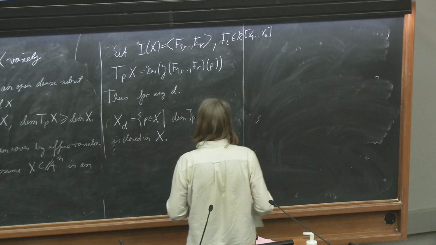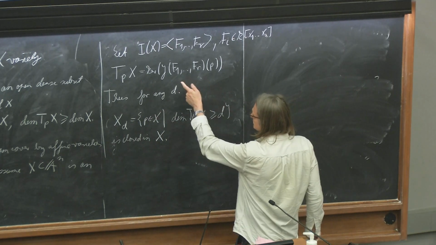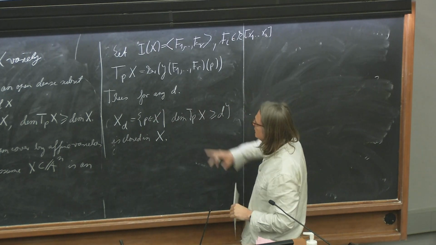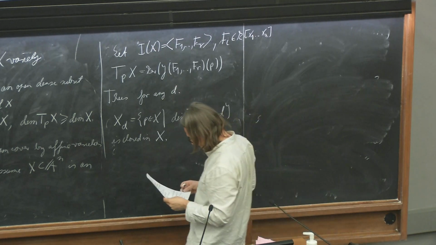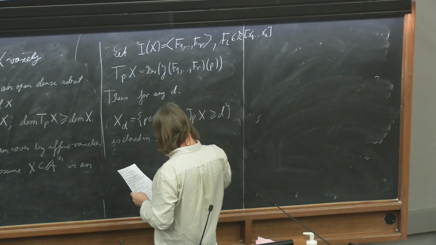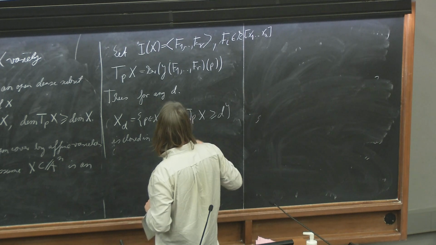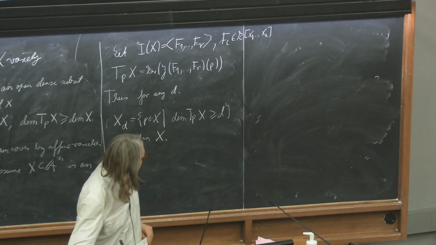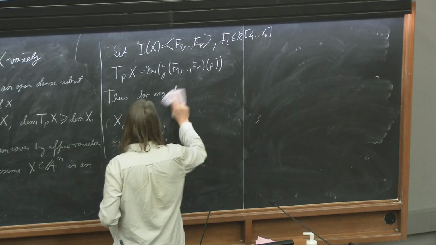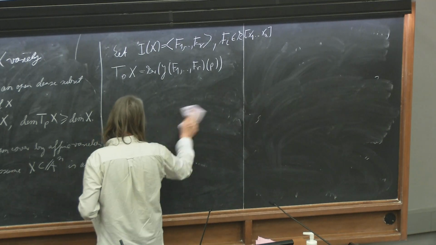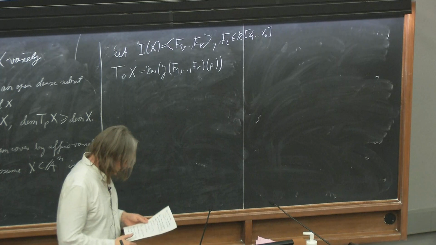Because it's the zero set of suitable minors of this Jacobian. But maybe I will go back because I skipped a step.